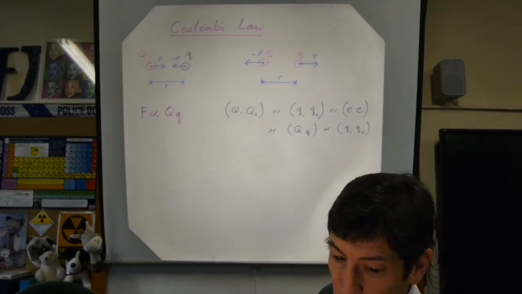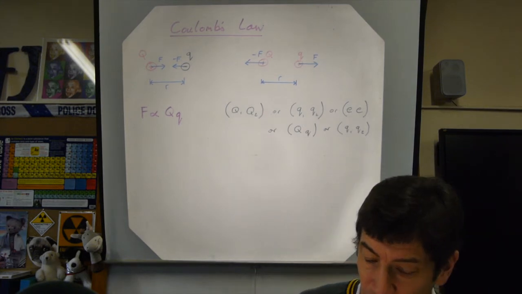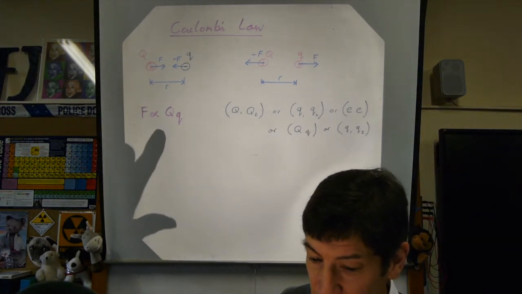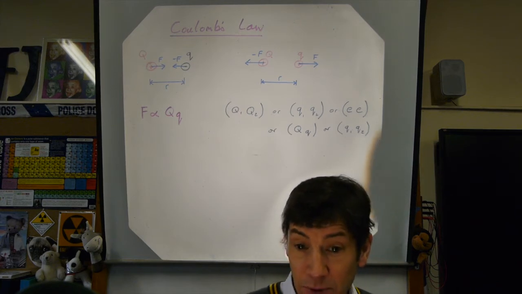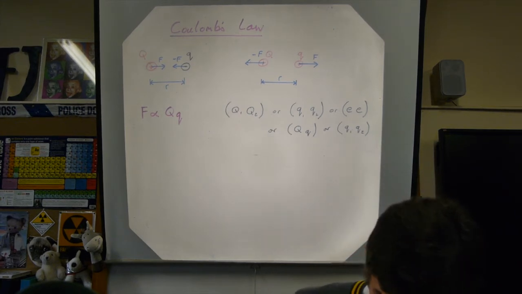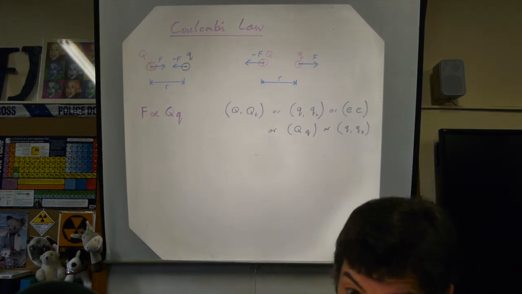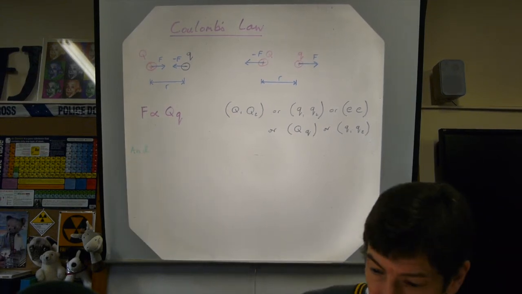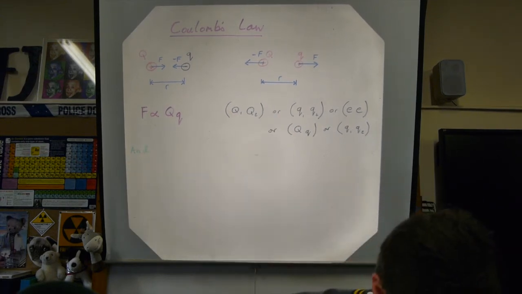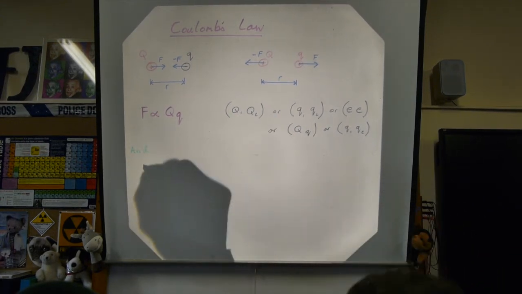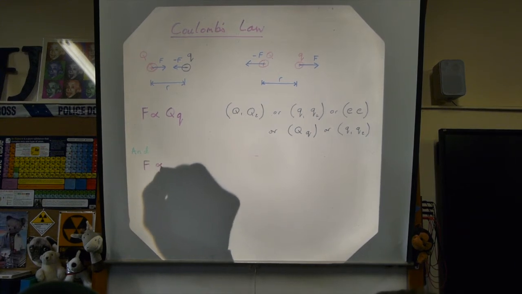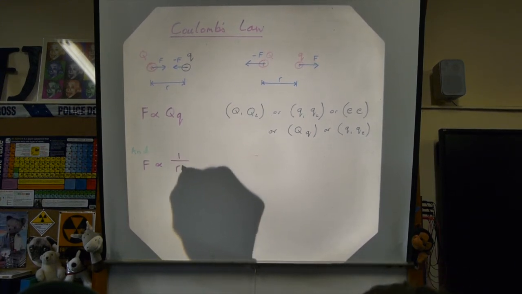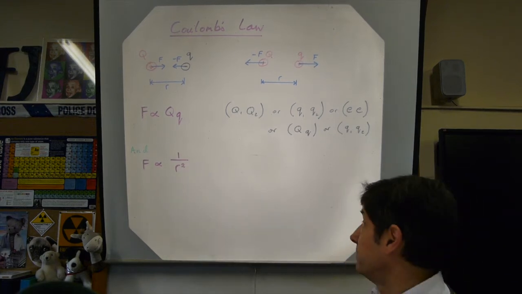So, Coulomb said the force between two point charges is proportional to the product of their charges, and I think you can guess it, and it's why I put the r in here: the force between them is inversely proportional to their separation squared.